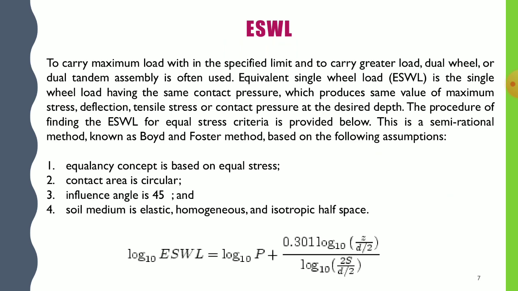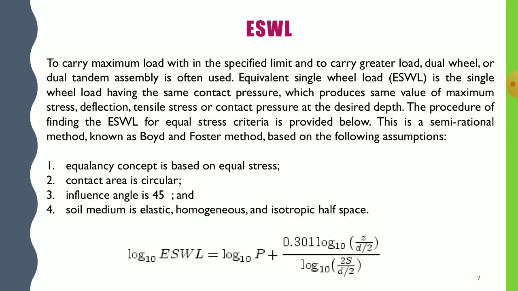Now we are going towards the new topic, the ESWL. Full form is equivalent single wheel load. To carry the maximum load within the specified limits, to carry a greater load, a dual wheel load or dual tandem assembly is often used.